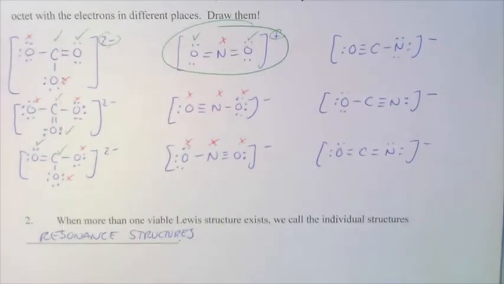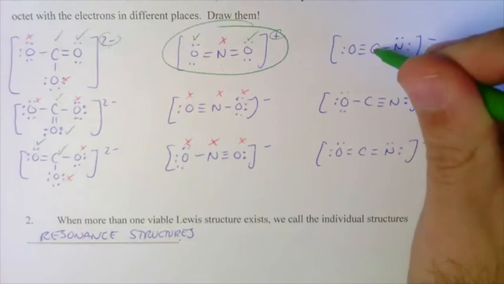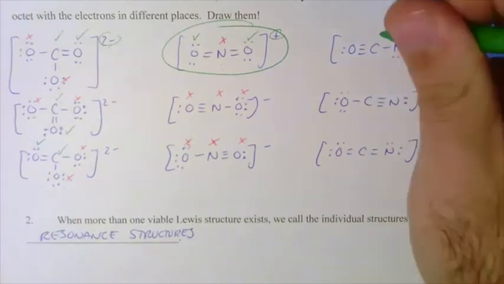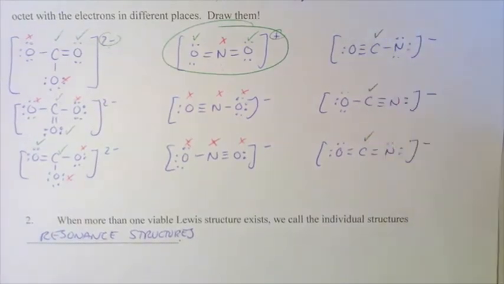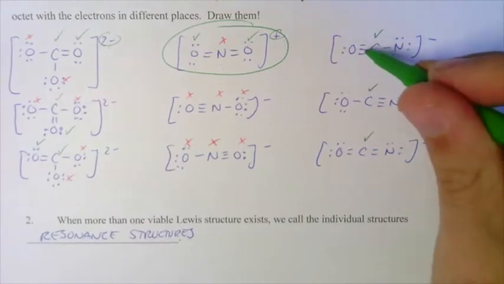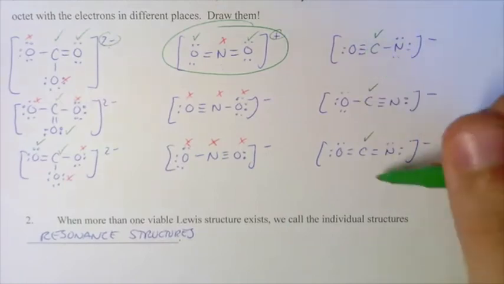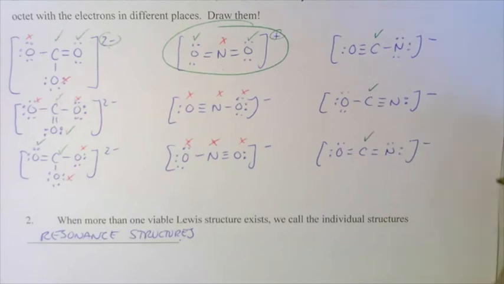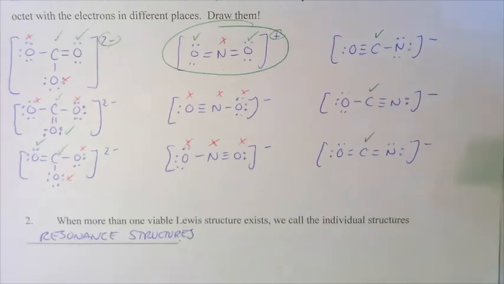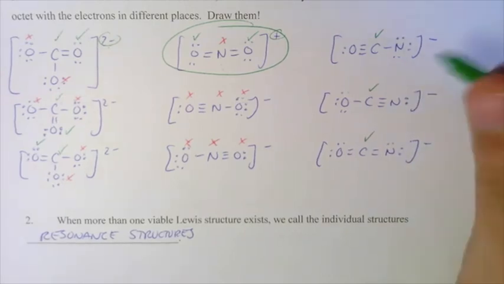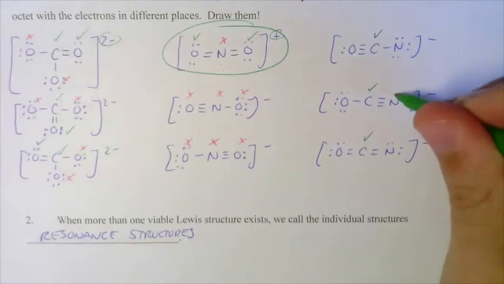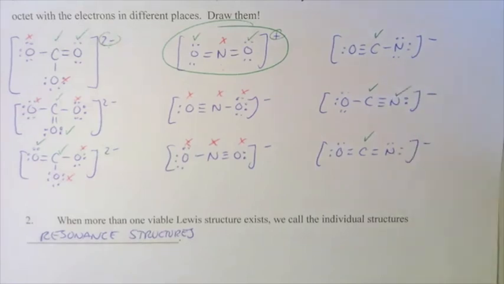Okay, after you've taken the time, I hope you determined that all 3 structures have happy carbons, because carbon wants 4 bonds, and it's either got a triple and a single, or 2 doubles. On the other hand, only one structure makes the nitrogen happy, and only one structure makes the oxygen happy. Nitrogen wants 3 bonds, so unhappy here, unhappy there.